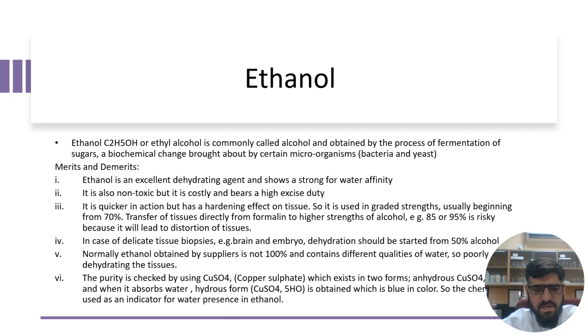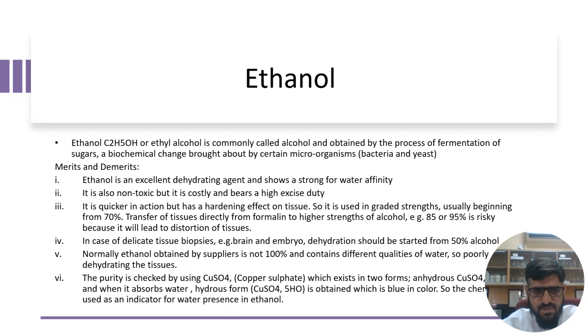There are some merits associated with ethanol and also some demerits. For example, ethanol is an excellent dehydrating agent and shows a strong affinity for water. It is non-toxic, but it is costly and bears high excise duty. It is quick in action, but has a hardening effect on tissue. So it is used in graded strength, usually beginning from 70%.